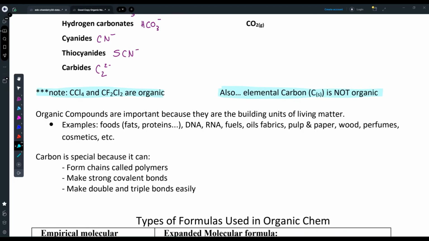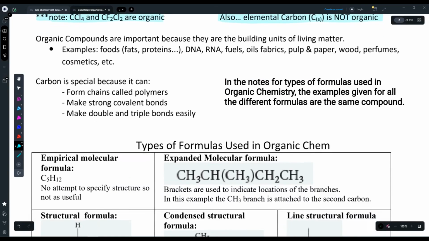You can find organic compounds pretty much everywhere for living matter. Now, carbon is very special because it can form big long chains, which are called polymers, and it makes pretty strong covalent bonds, and it can also make double and triple bonds fairly easily.